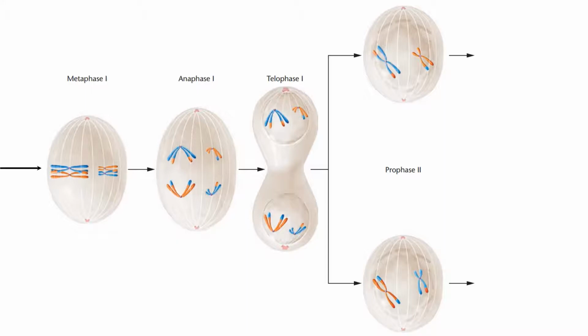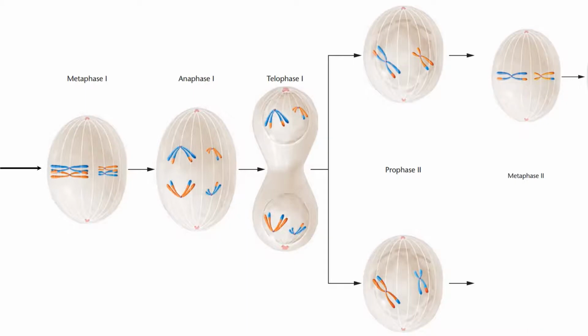Just look at the composition of their chromosomes. They both contain one homolog each, but the homologs for both of them are different in terms of the colors. Prophase 2 will happen right away after telophase 1. There's almost no interphase.